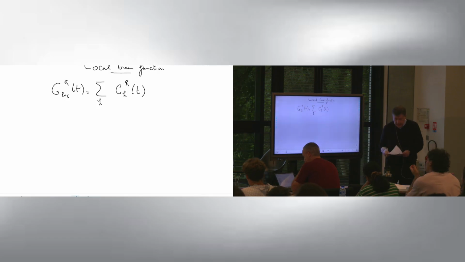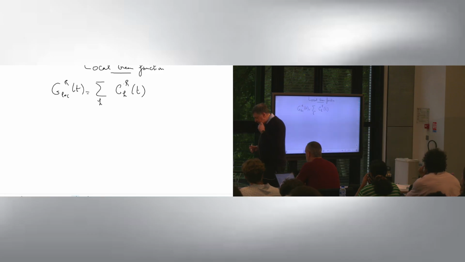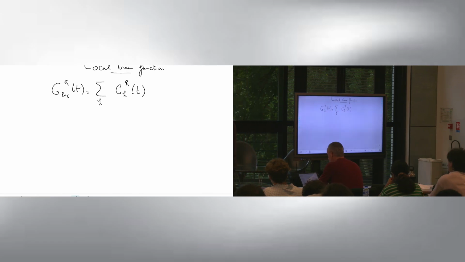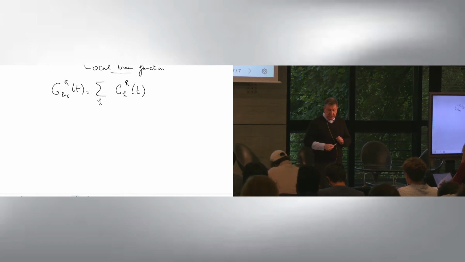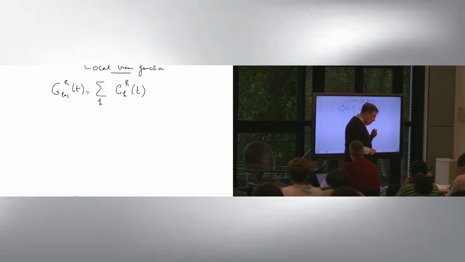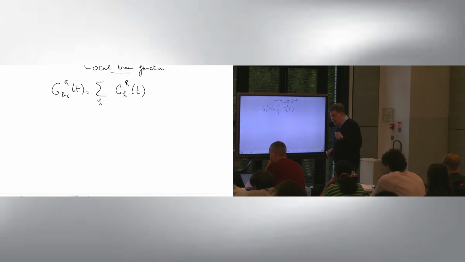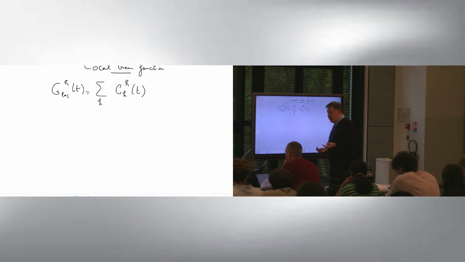All right. Now, these are definitions. What I really want to do with these Green functions is to show which information they contain, and more importantly, how to read information from them. DMFT is a method that is written in terms of Green functions.